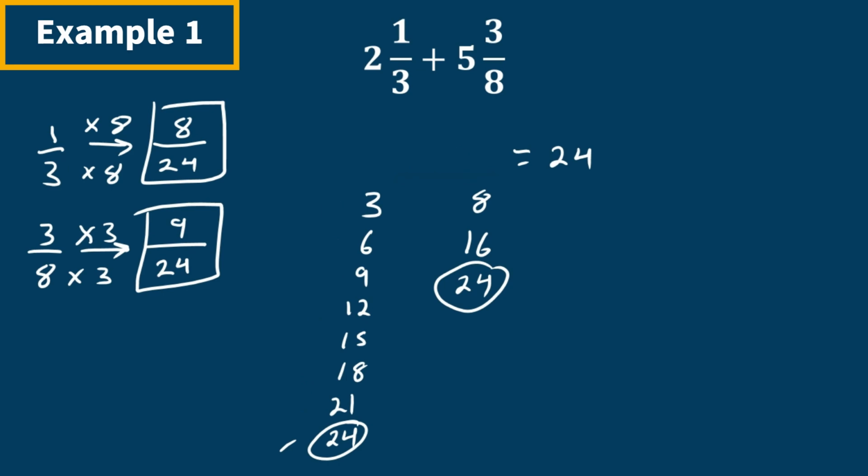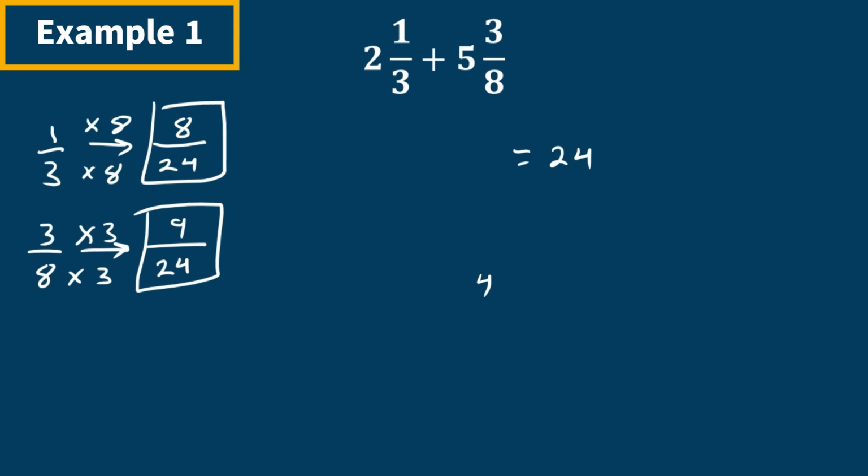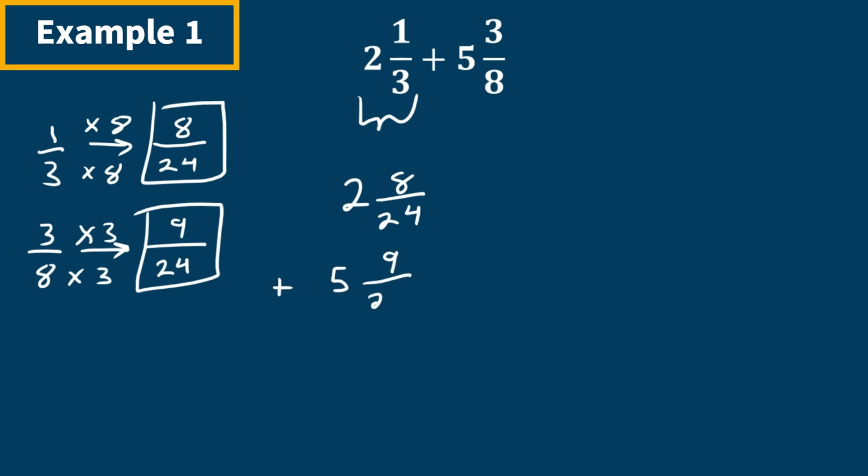Now what we can do is go ahead and add our mixed numbers together. So 2 1/3 can be written as 2 and 8 over 24. And we want to add that to 5 and 3/8, which we know is 9 over 24.